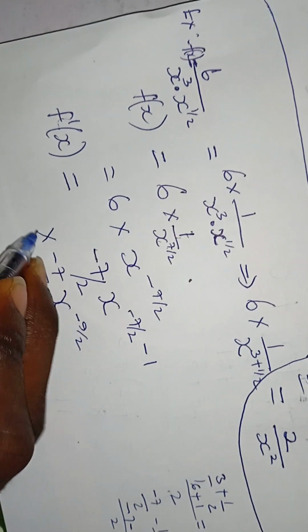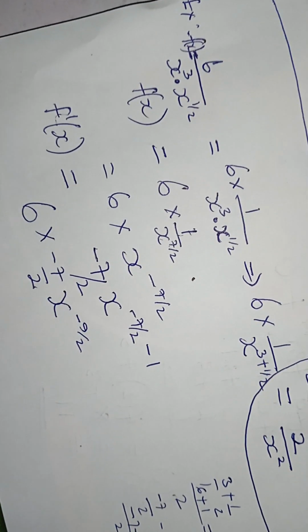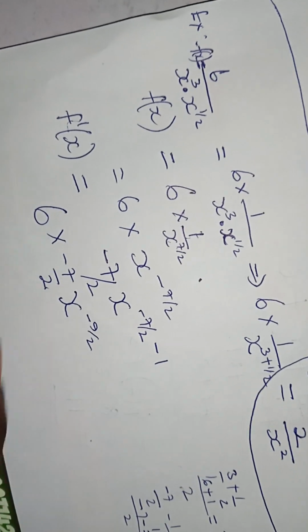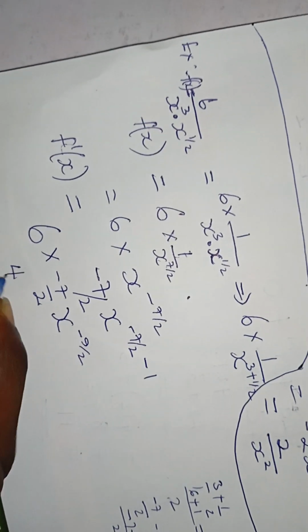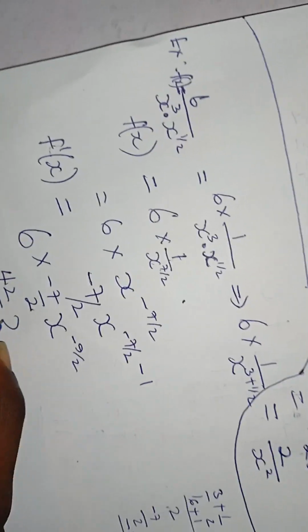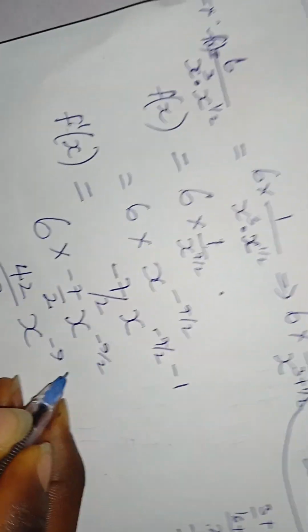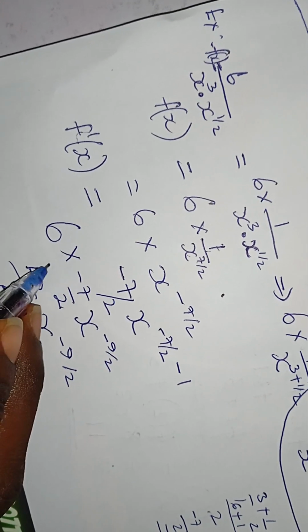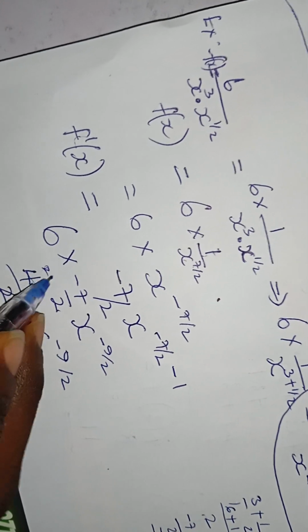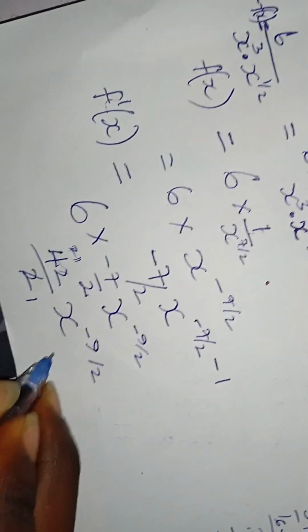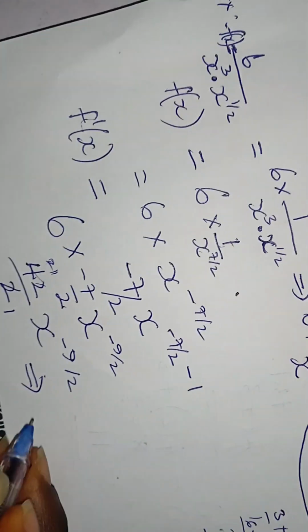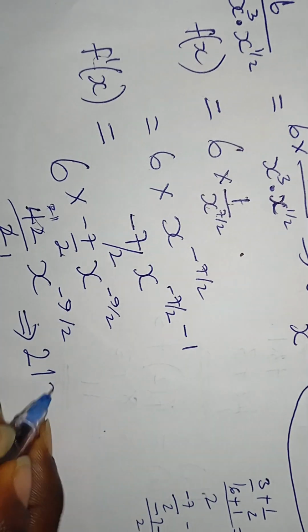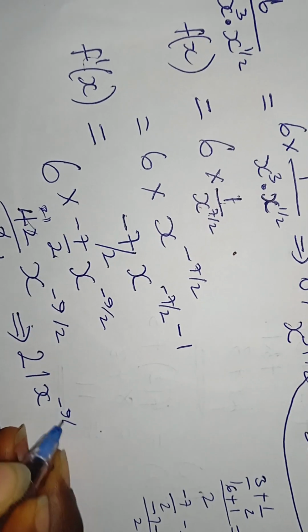Now there's 6 in front, so when you multiply, 6 times 7 is 42. 42 over 2 x raised to power minus 9 over 2, and 2 into 42 is 21. So this is 21 x raised to power minus 9 over 2.